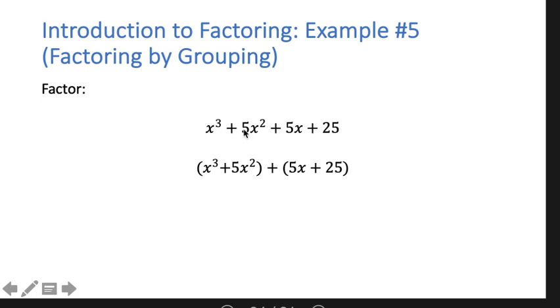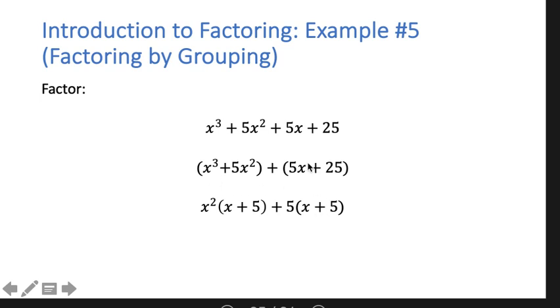So we're going to put the first two terms together in parentheses. Keep this addition sign, that's important, and group the second two terms. Now look for a GCF among those two groupings. The GCF here is x squared, and the GCF here is 5. So when I factor out x squared, I get x plus 5 left inside.